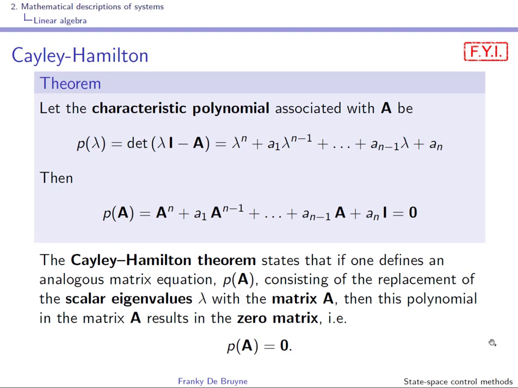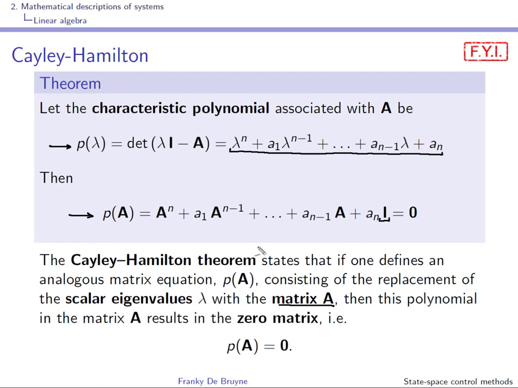So we have used the characteristic polynomial P of lambda to compute the eigenvalues. It's a polynomial in lambda of degree n, and it's associated with the matrix A. What you can do is define a matrix polynomial on this characteristic polynomial: you replace the variable lambda by the matrix A, and where there is no lambda, such as here, you have to introduce an identity matrix.